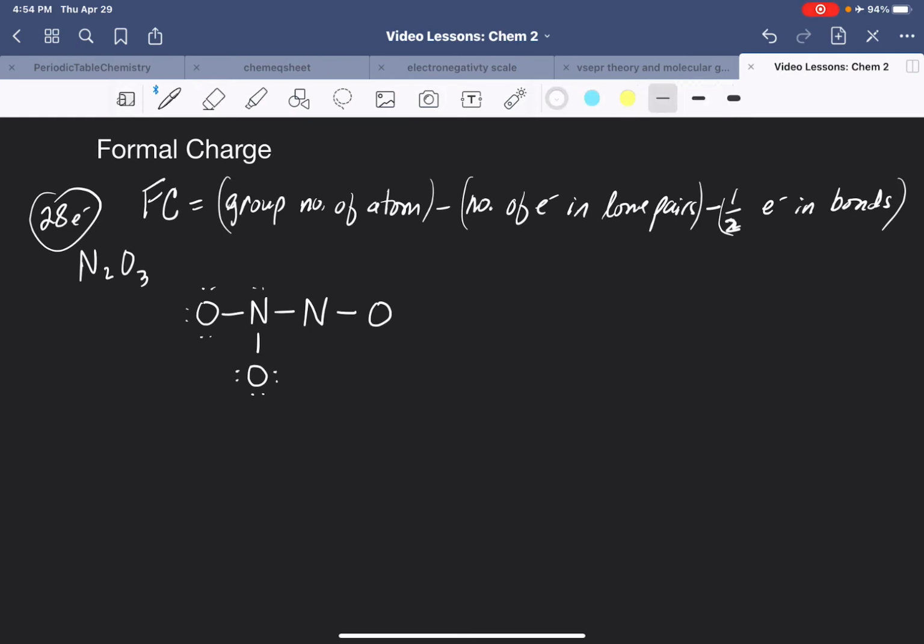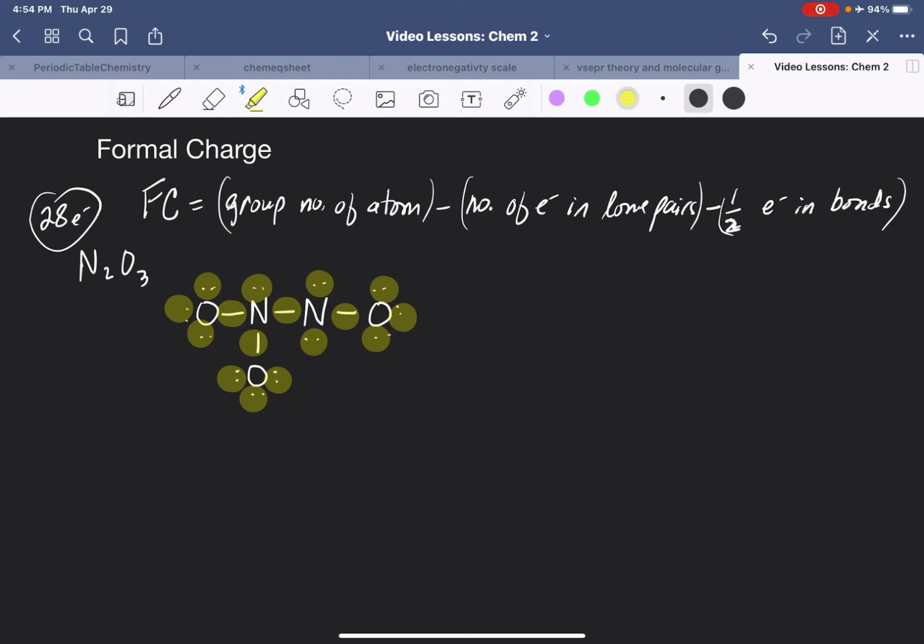And then in the middle, 2, 4, 6, 8. And then the oxygen on the right, 2, 4, 6, 8. This gives us 2, 4, 6, 8, 10, 12, 14, 16, 18, 20, 22, 24, 26, 28, 30, 32. That's 32. Well, that's 4 more electrons than what we need.